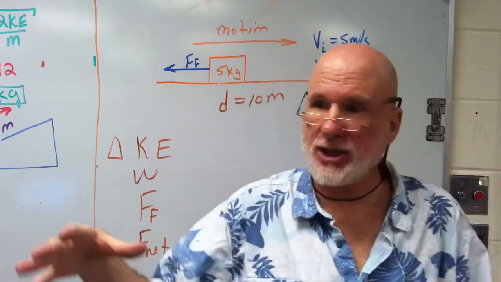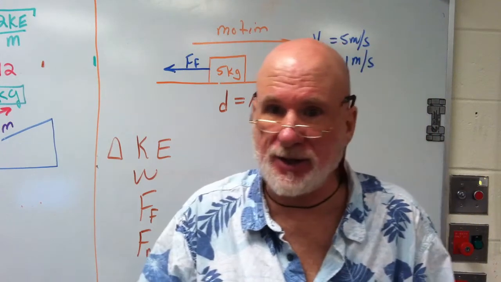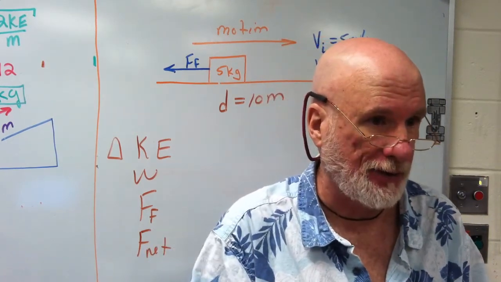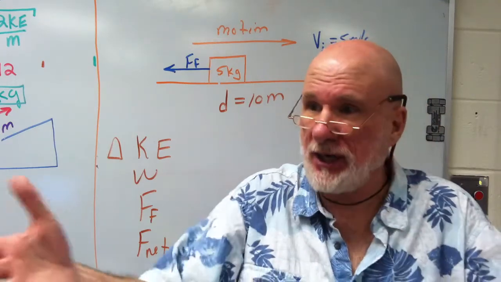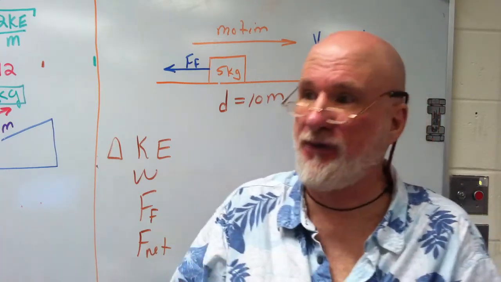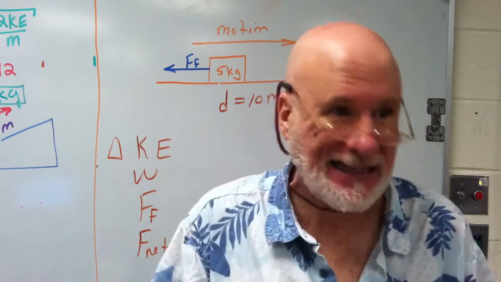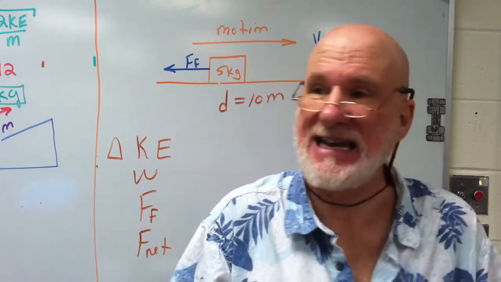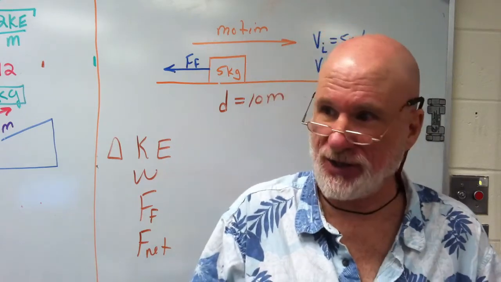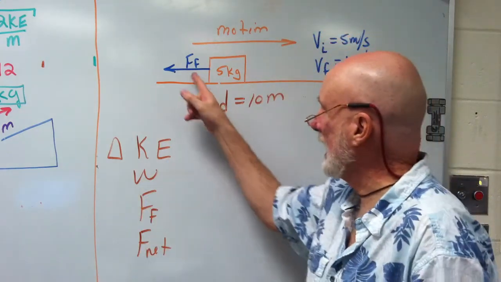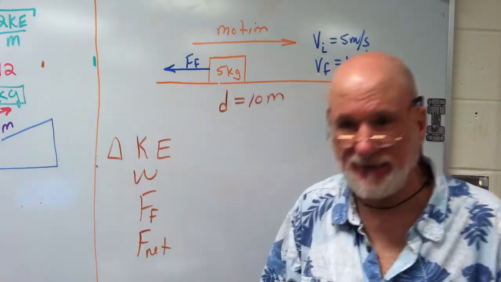Now, when it slows down from 5 meters per second to 1 meter per second, what's stopping it? Friction. So what's the net force? What's the only force acting on it? Friction. Yeah, there you go.